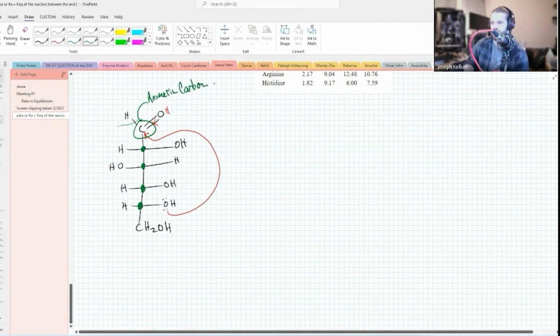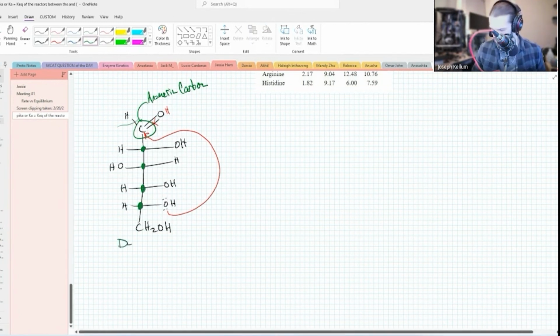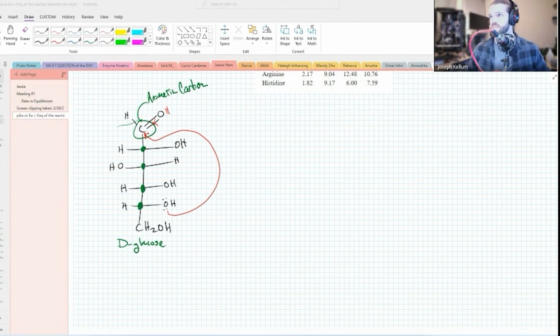Whenever you introduce a new chiral center, you also introduce an extra set of stereoisomers. I think this is D-glucose right here, right? And I'm trying to remember which one's R and which one's S between alpha and beta.